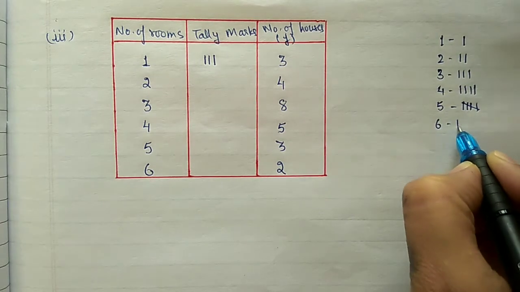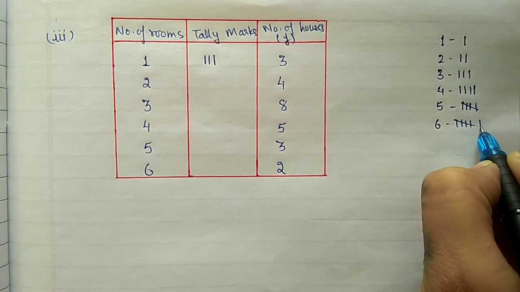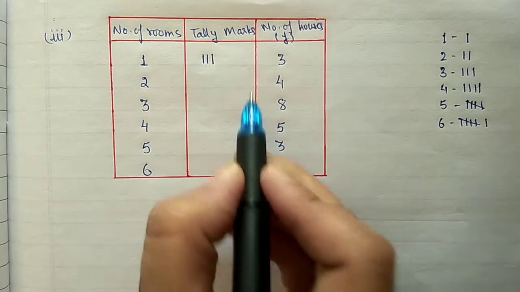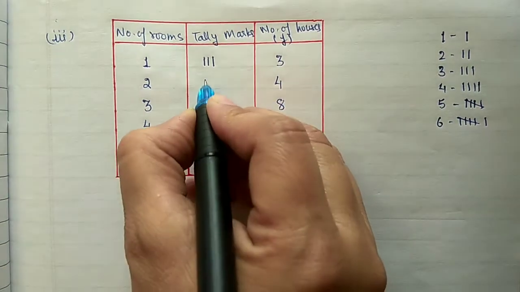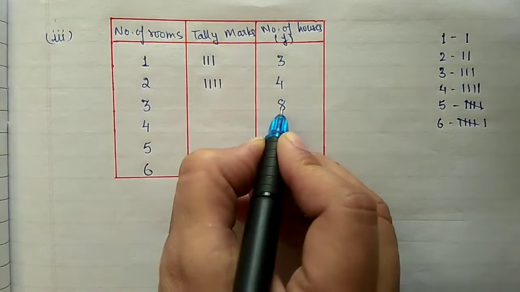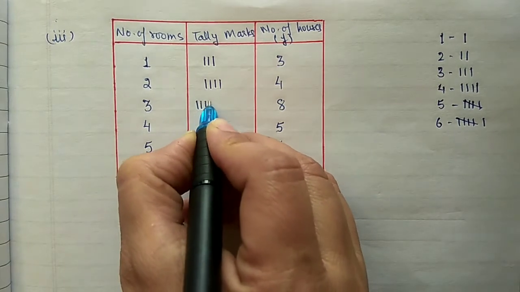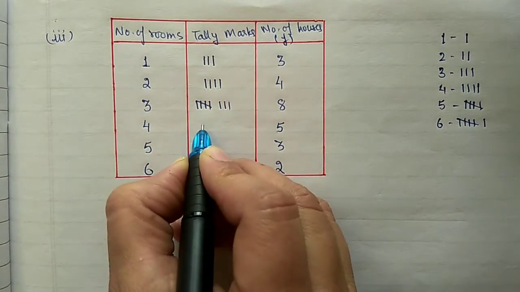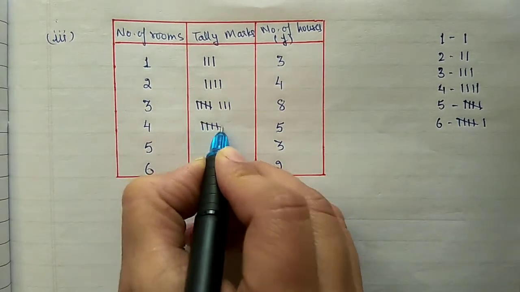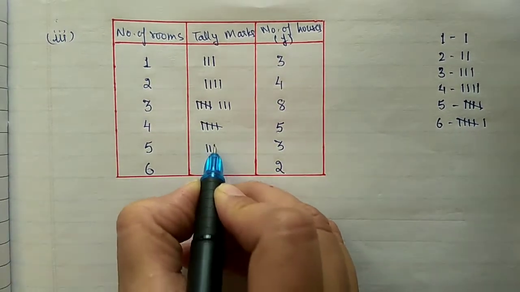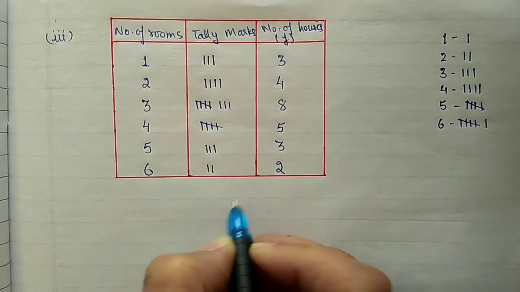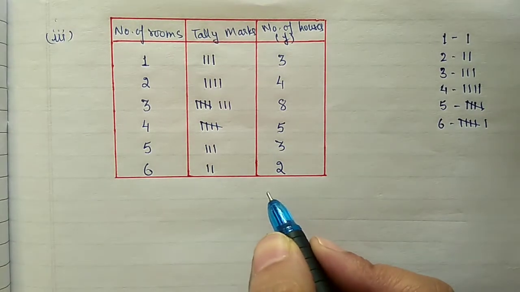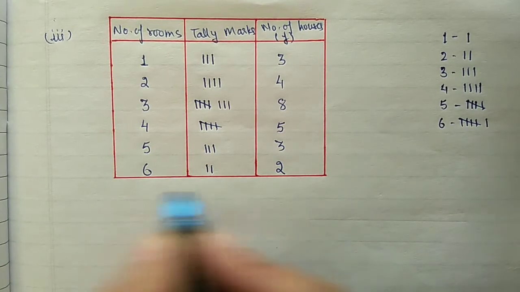For 6, first represent the 5 and then 1 more. Like this we have to represent. So 4 means 4 lines, 1 2 3 4. 8 means 1 2 3 4 5 6 7 8. Then 5, 1 2 3 4 5, 3, 1 2 3 and 2, 1 2. This is the frequency distribution of the given data.